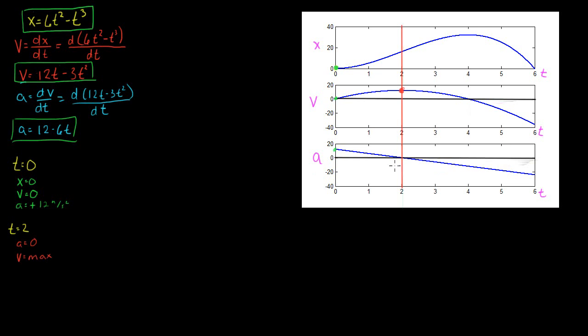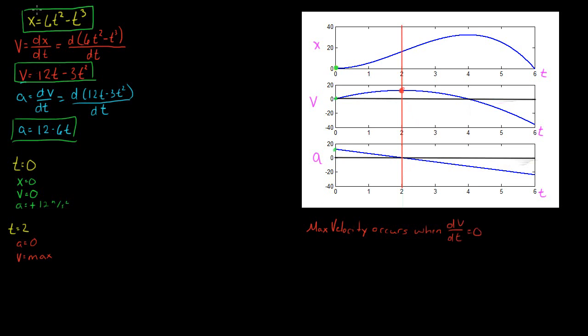And that's, in general, a max velocity occurs when its derivative, and in this case its derivative is dv/dt, is equal to 0, and that's what we see right here.